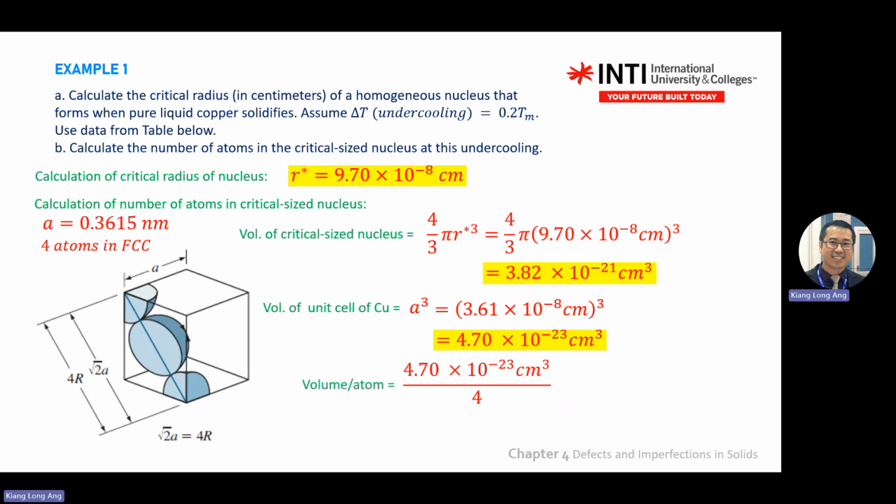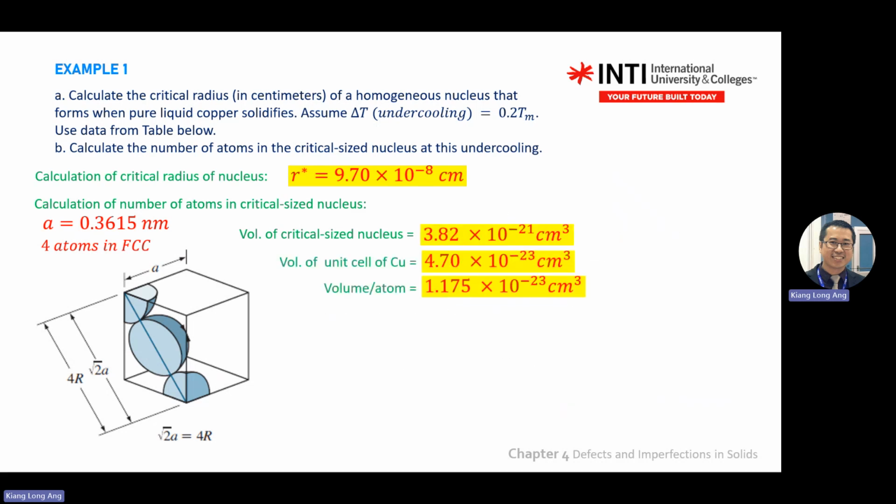Okay. So volume per atom, you take 4.7 divided by 4 because you have 4 atoms. You get 1.1 or near 1.2 10 power negative 23 cm cube.